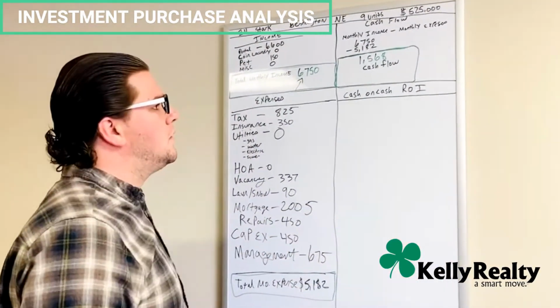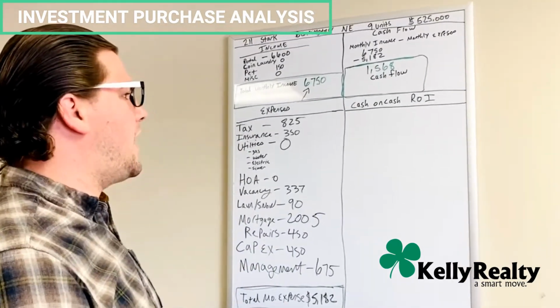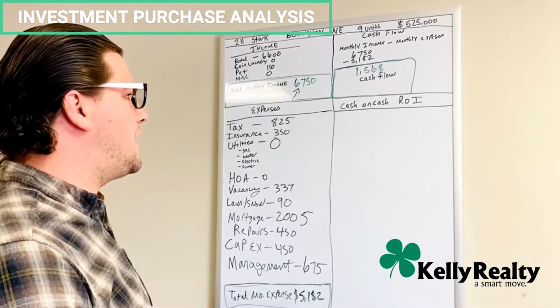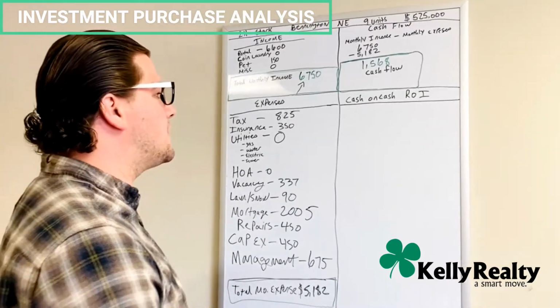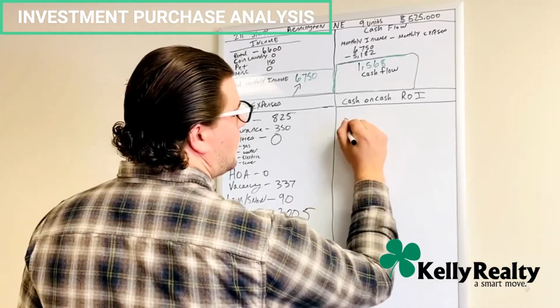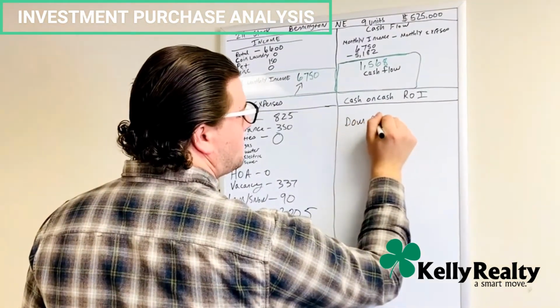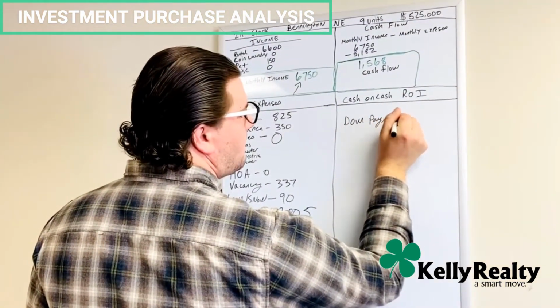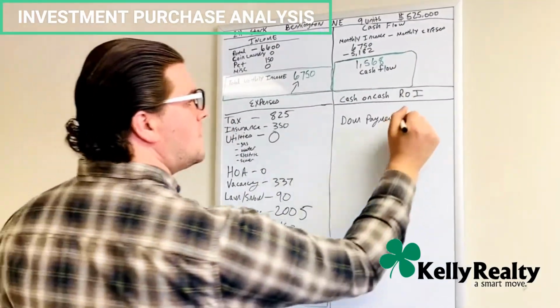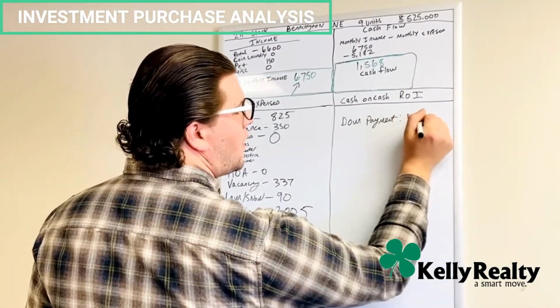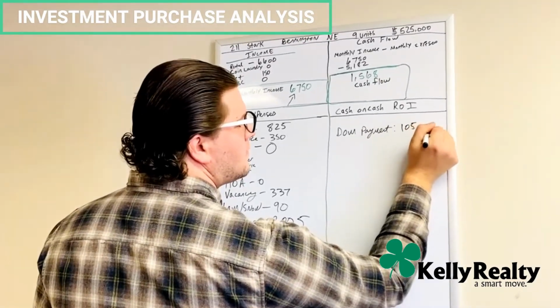So in order to get your cash on cash return on investment, you need to include all of your capital expenses. The first one would be your down payment. So 20% of 525 gives you a down payment of $105,000.